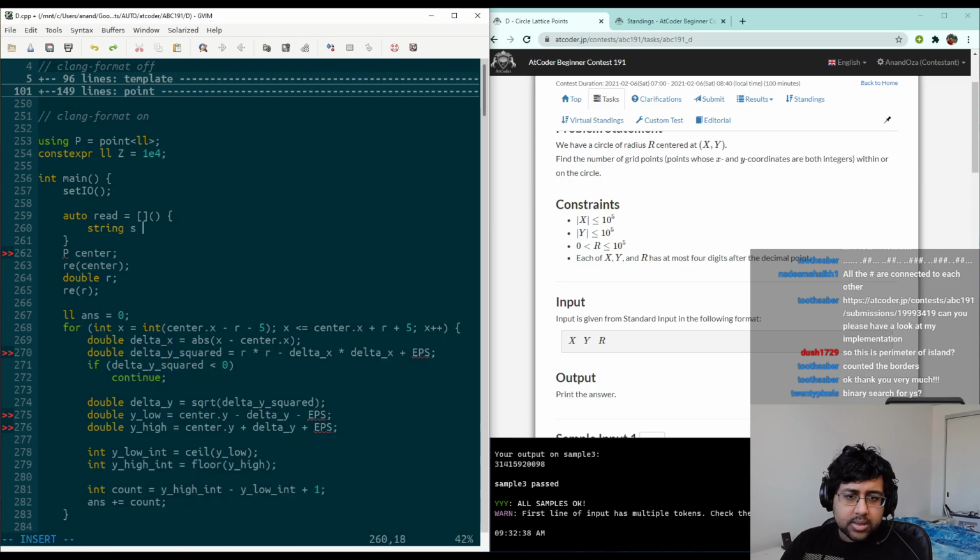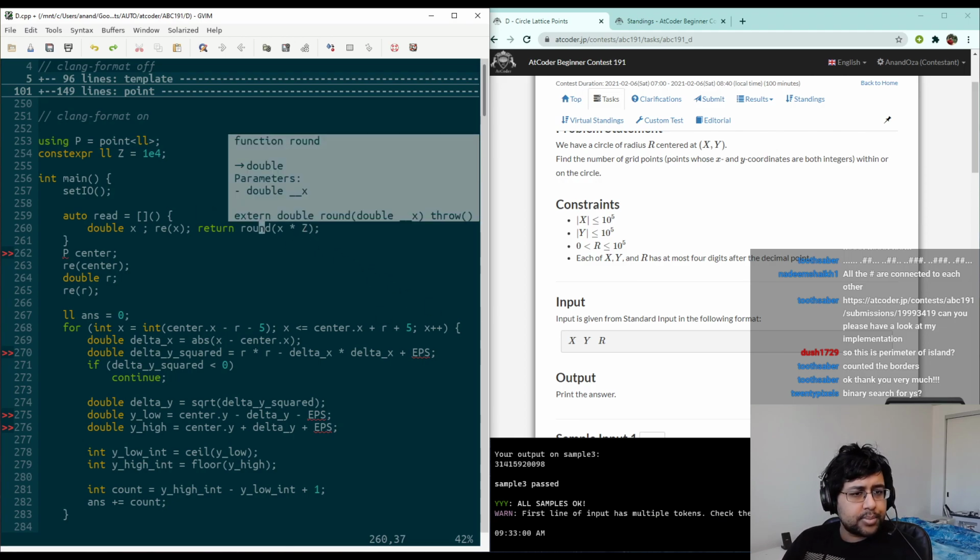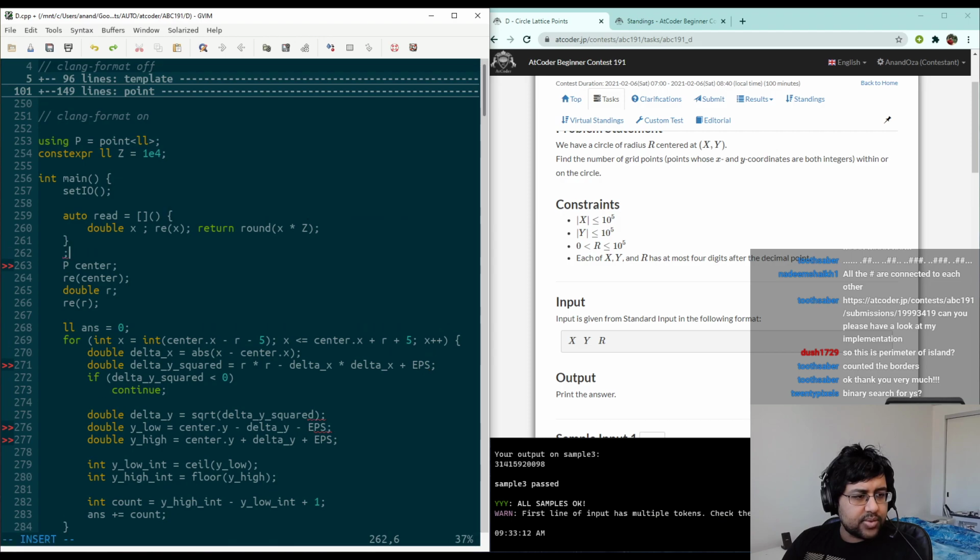Cool. So string s. Oh, I can probably just read it and multiply it. What is round, though? Is that what I think it is? I guess it rounds a double to the nearest double. That seems like it should be fine.